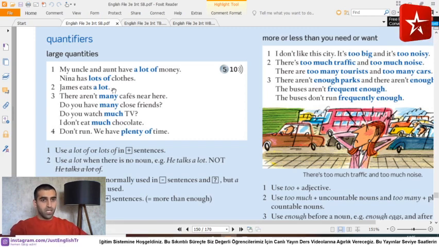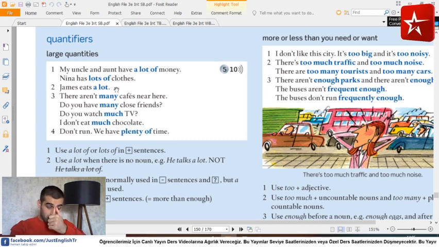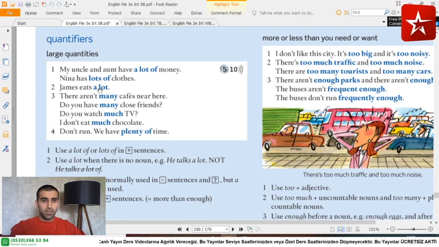Keep that in mind. We use a lot of and lots of before nouns, like a lot of money, lots of clothes, but we use a lot after a verb: James eats a lot, or Philip speaks a lot. I think it is clear for everyone.